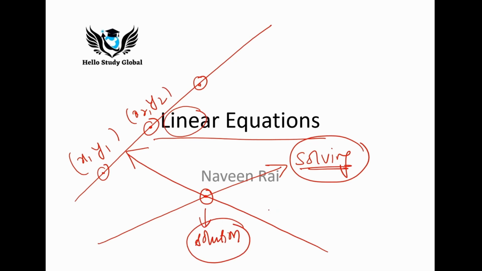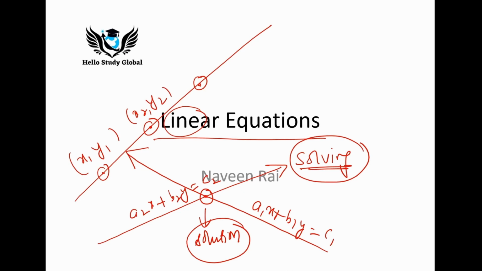So two equations would be given: a1x plus b1y is equal to c1, a2x plus b2y is equal to c2, and the point of intersection becomes the solution of the system of linear equations.